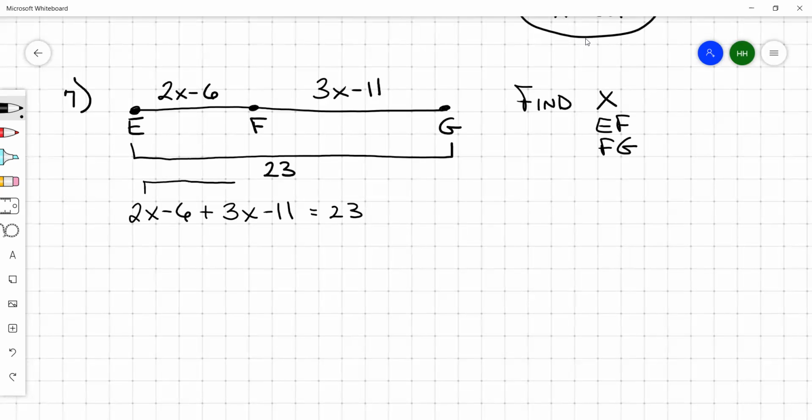The 2 smaller segments added together have to equal the entire segment. So you're going to combine your like terms, your 2x plus your 3x, that's 5x. Your negative 6 minus 11 is going to be negative 17. And that's all equal to 23. So then you're going to add 17 to each side.